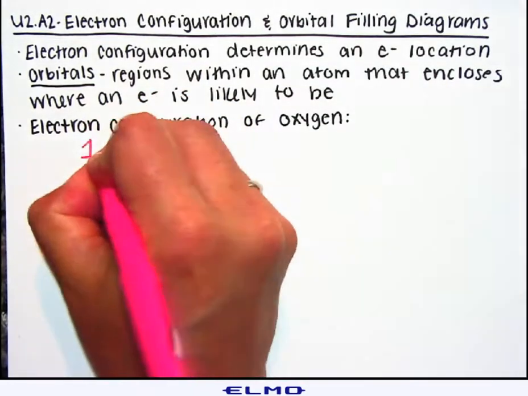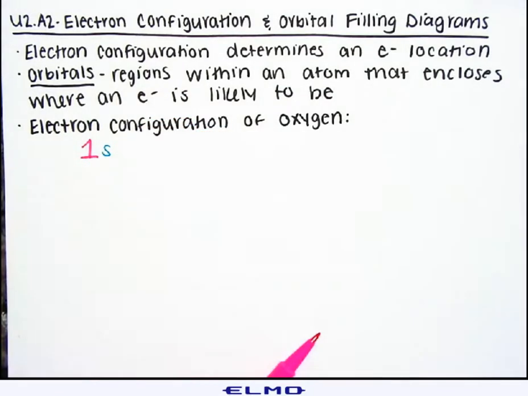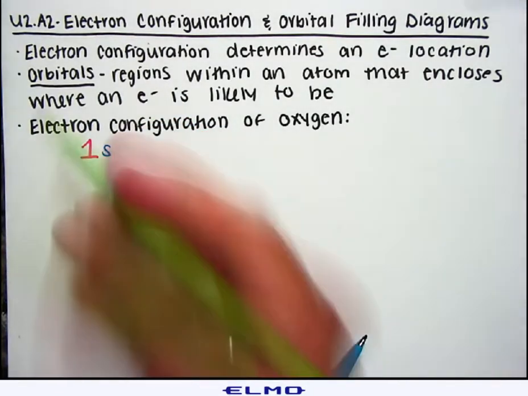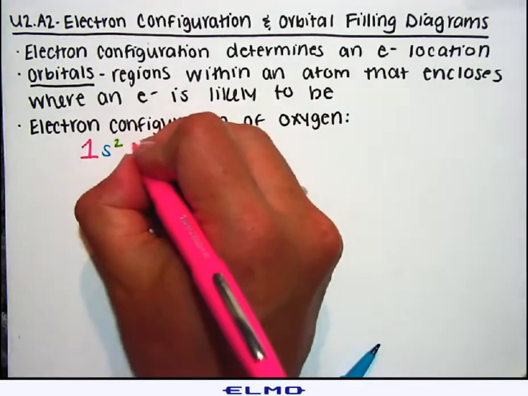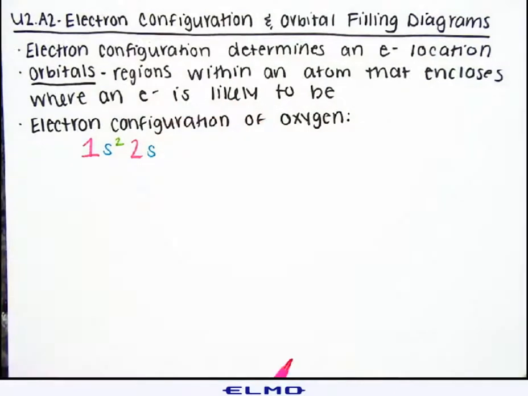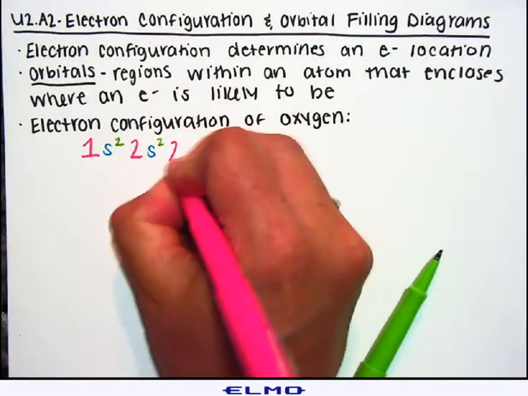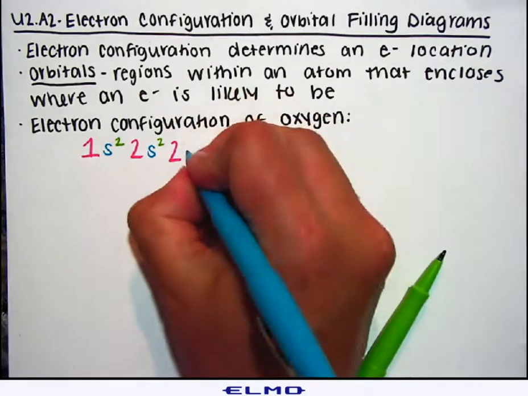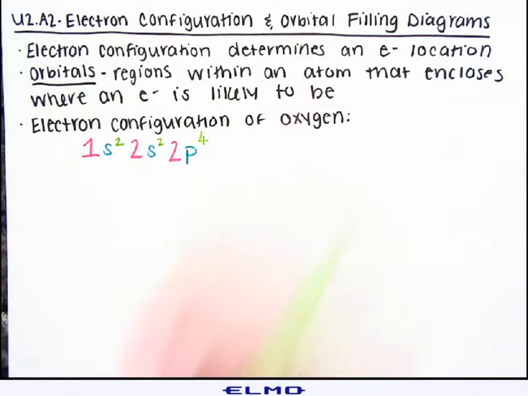Oxygen would have an electron configuration of 1s2, 2s2, 2p4.